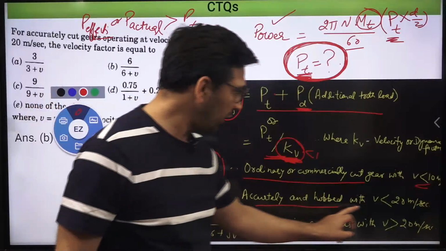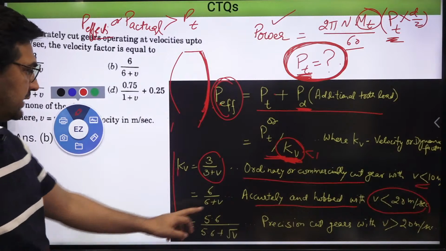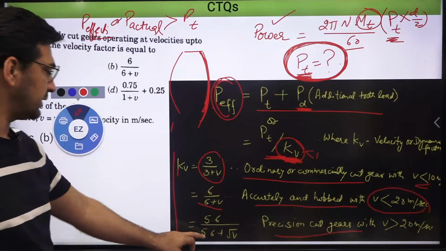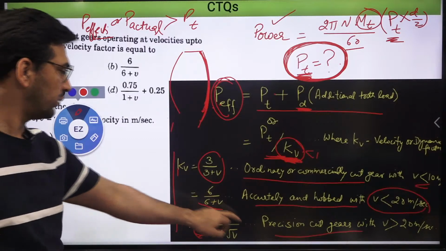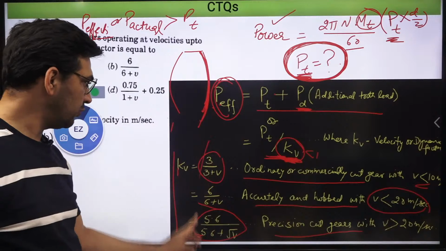And if the gears are accurately cut and hobbed, then for velocities less than this, you use this method. And if this is the method of manufacturing and the velocity is greater than 20, then you can go ahead with this and find the value of kV. But all these values are going to be less than 1.